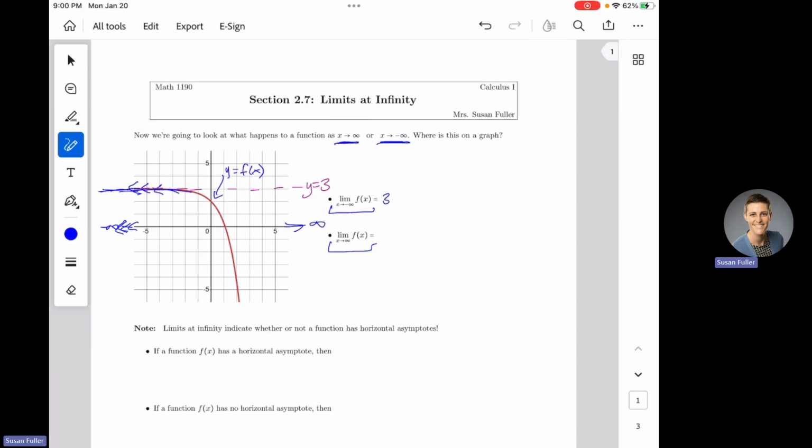So if I'm taking the limit as x is approaching positive infinity, x is headed way this way. And so I'm going to follow my function off to the right, and I'm going to say, as I go all the way to the right and I follow this function to the right forever, where's y headed? You're right. Y is taking a nosedive down to negative infinity.